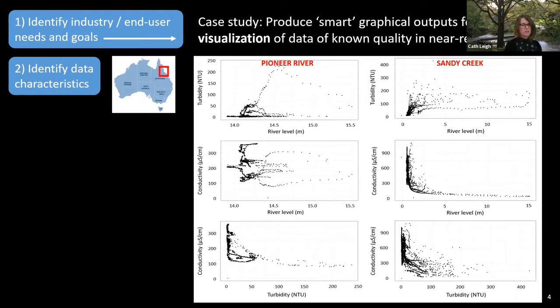So for example, in this case, we're looking at turbidity, conductivity, and river level data, how that data behaves through space and time, whether we've got differences between sites or whether there's consistency. And this tells us, for a start, what sort of anomalies we may be tending to get in the data. And that may help decide what sort of anomaly detection algorithm you use. And also the particular patterns of the rivers that we're monitoring.